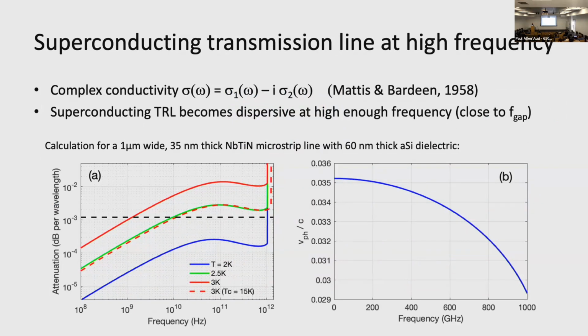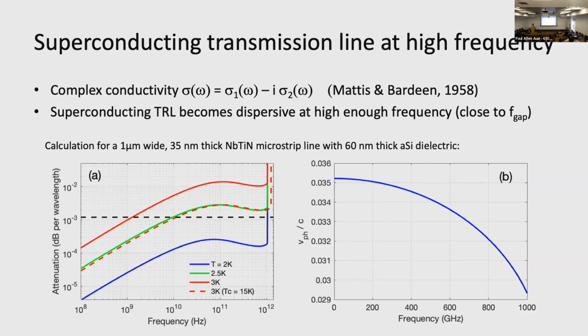An example is shown here for a niobium titanium nitride microstrip, which has a width of 1 micron in this case. This is a suitable geometry for a millimeter wave TWP.